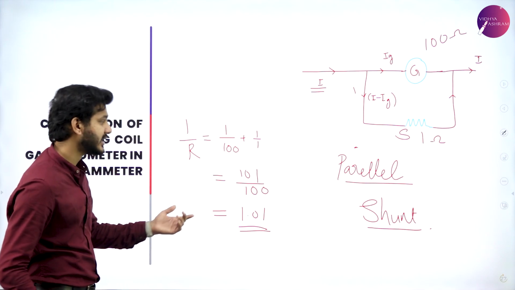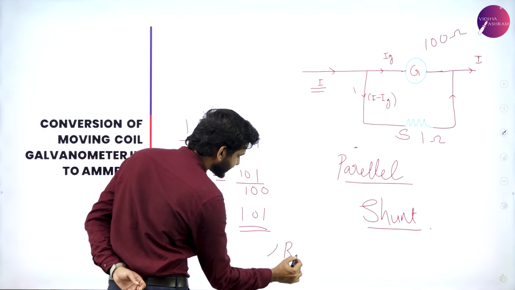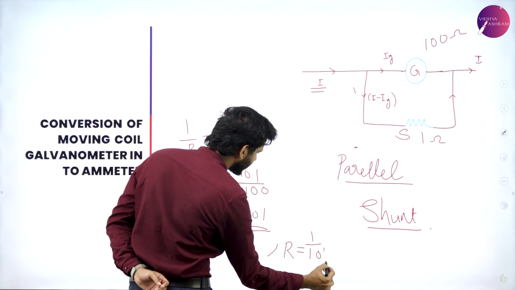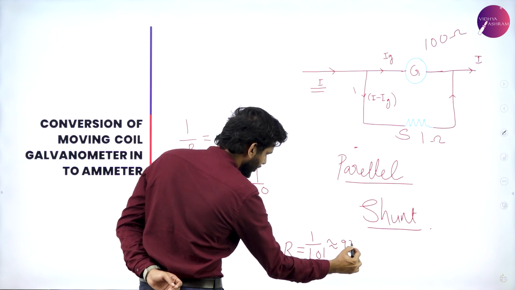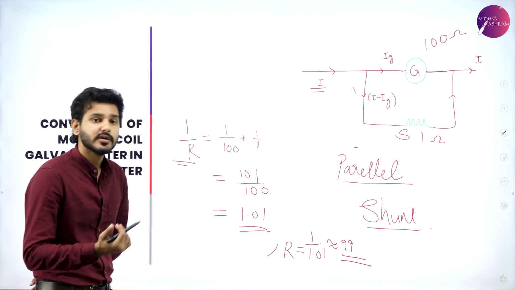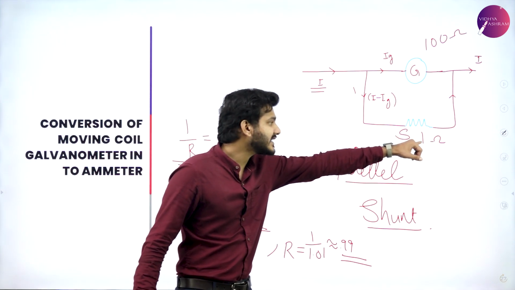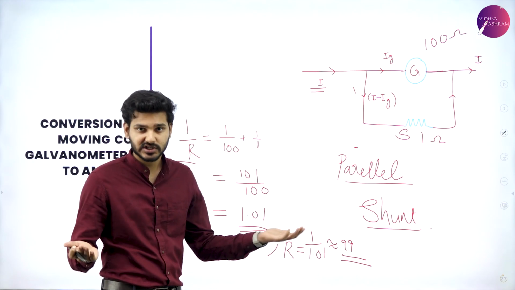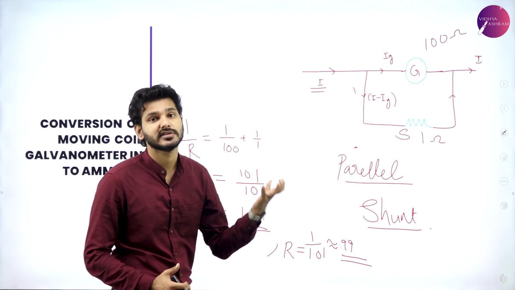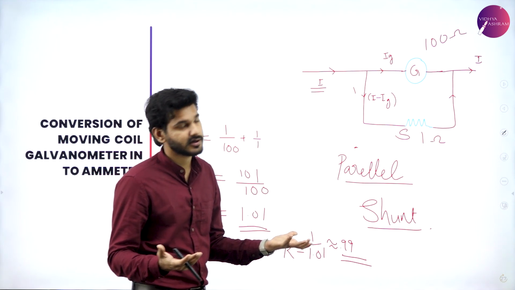Now this quantity is 1 by R. We have to find what is R. So effective resistance R will be equal to 1 by 1.01, which is approximately equal to 0.99 something. Effectively, it is less than the least resistance. You can try it out. So now we have created our ammeter. So this is the process of creating an ammeter out of a galvanometer.